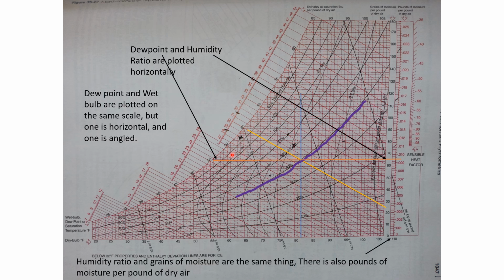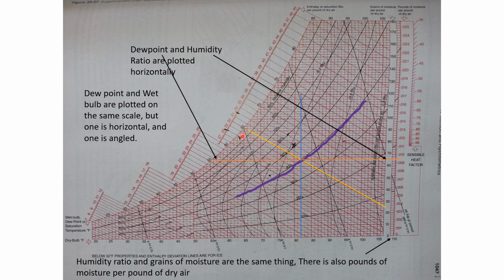And then we've got dew point and humidity ratio, or what they also call grains of moisture per pound of dry air, same thing. You go from where those lines meet and plot horizontally over here to the grains of moisture per pound of dry air, or horizontally over here and read our dew point.